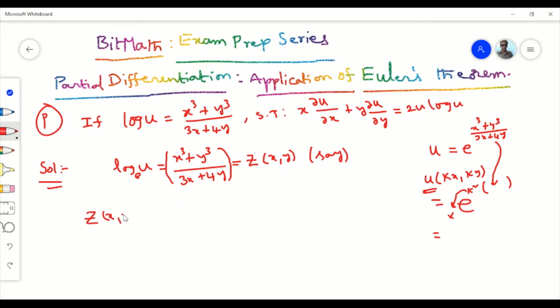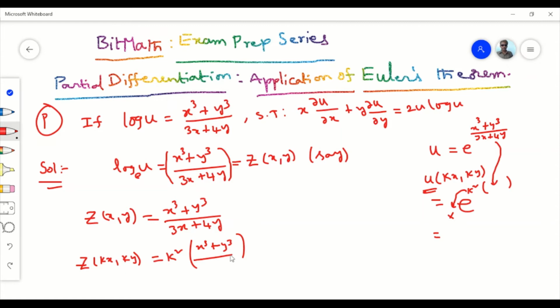So let us start with z. z of x, y is x cube plus y cube by 3x plus 4y. So z of kx comma ky is k square into the same thing, x cube plus y cube by 3x plus 4y.